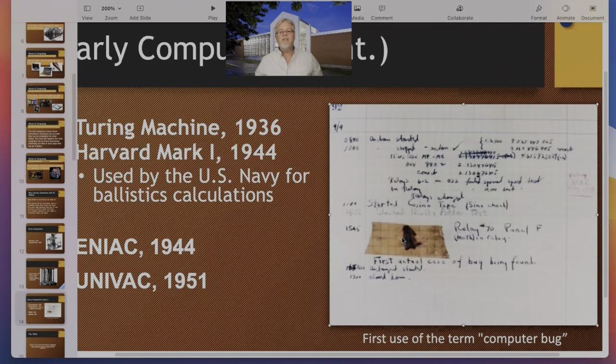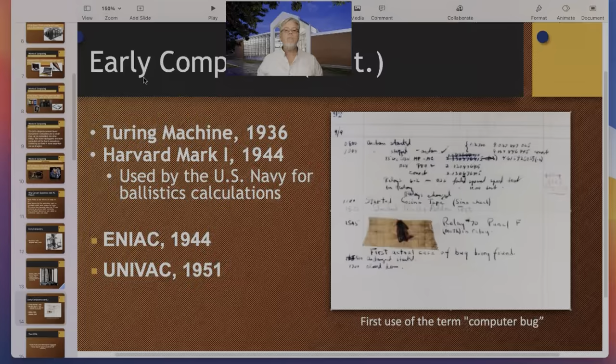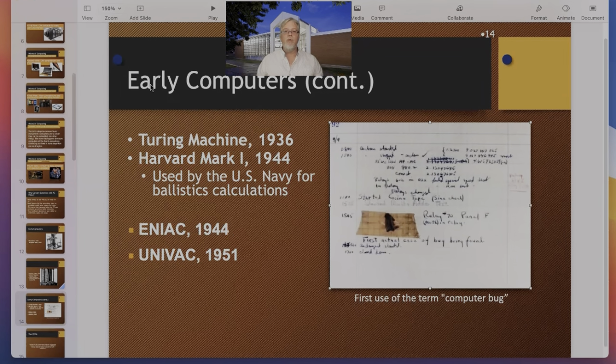Zoom in on this. This is a moth, and you'll notice that right here written on this piece of paper, it says Relay 7, Panel F, Moth in Relay. So it's kind of interesting to me that we use the term computer bug, that it actually comes from a bug. Back then, they used those big vacuum tubes that we talked about, and those big vacuum tubes generate a bunch of heat.